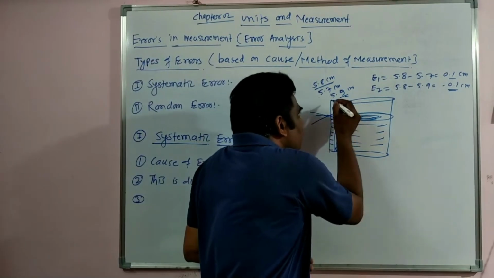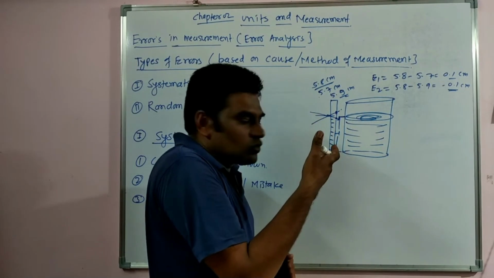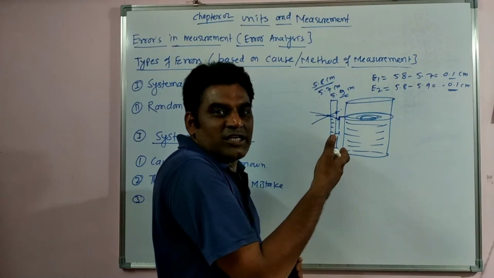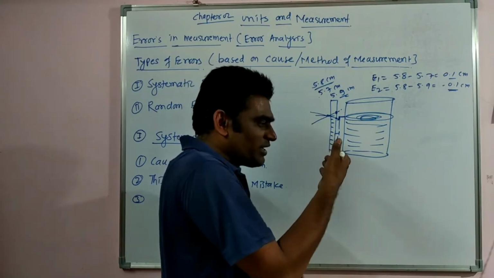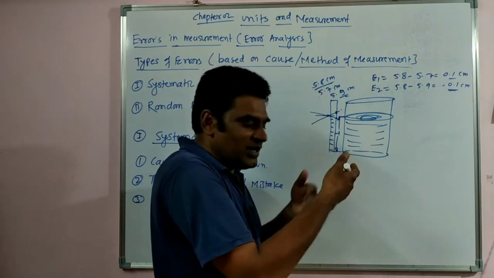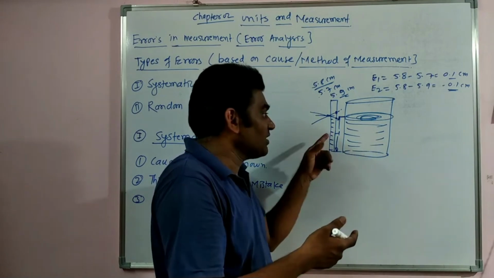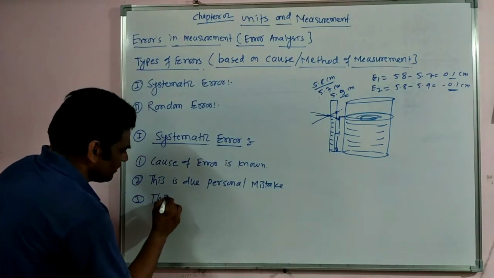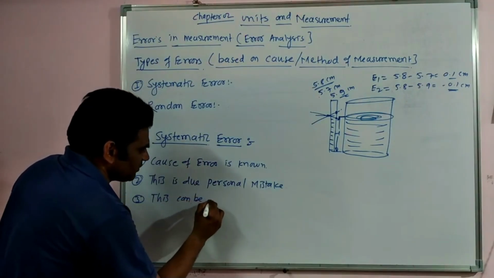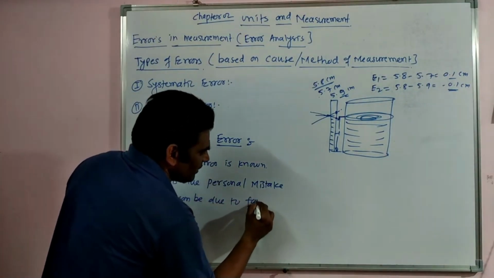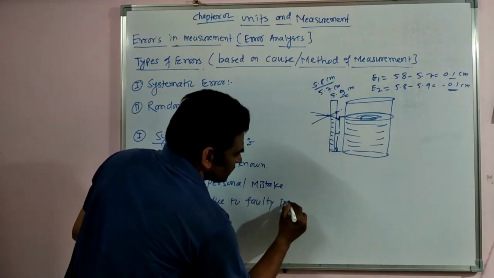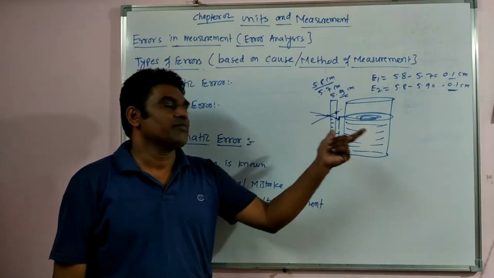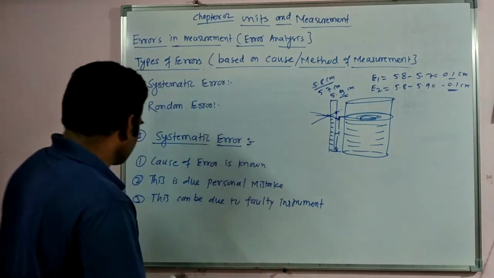The small reading 5.8 is not clear, so somebody has said 5.9 instead of 5.8. It was 5.8, but something was not written properly, so I have written 5.9. So that is an instrumental error. This can be due to a faulty instrument. So this is called instrumental error, systematic but instrumental error, like this.